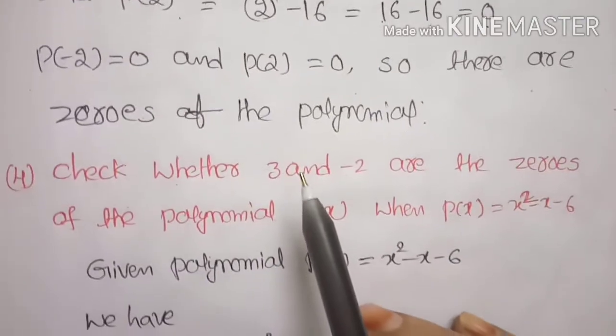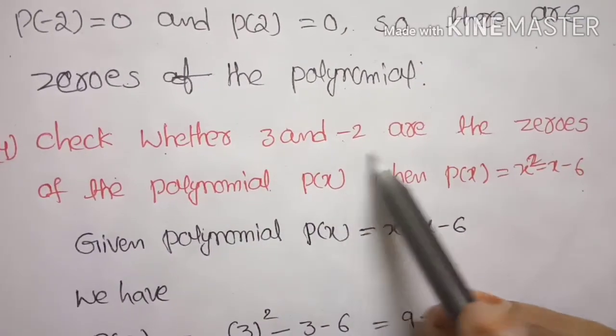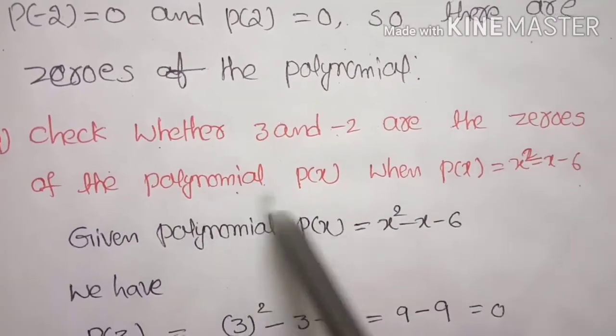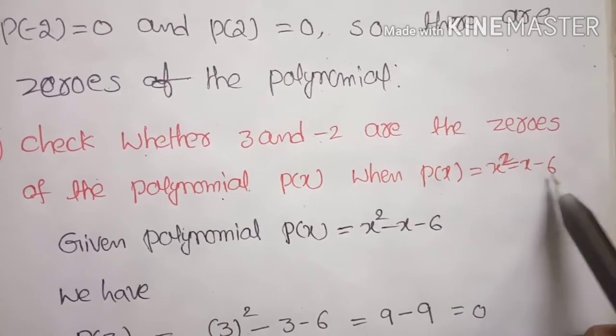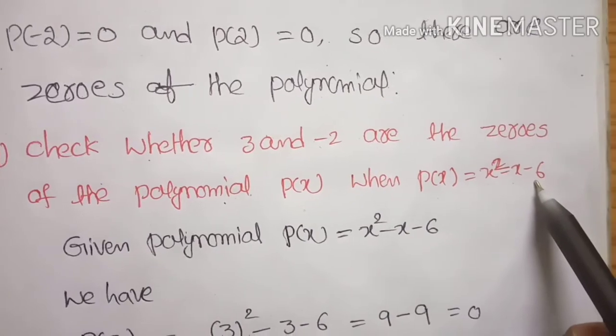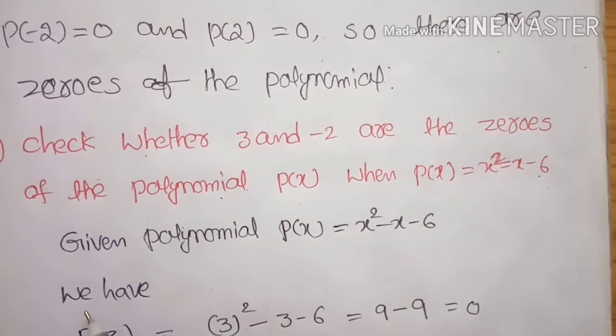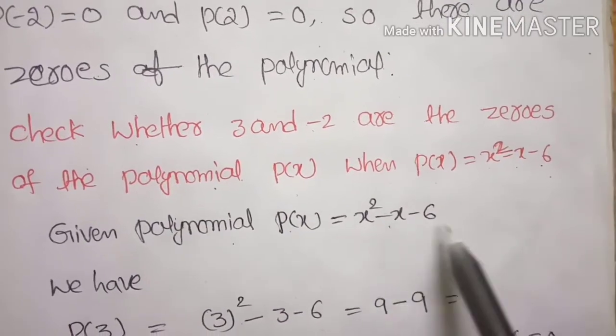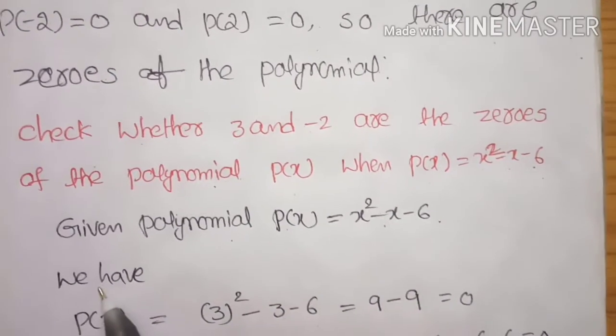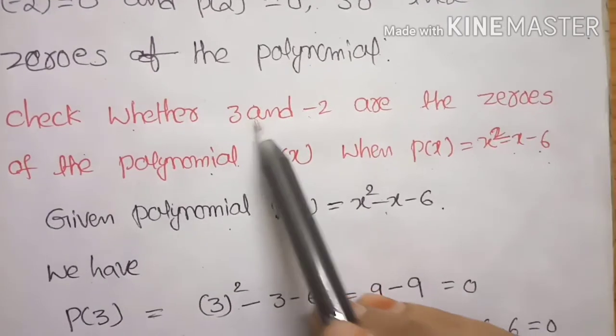Next one, check whether 3 and minus 2 are the zeros of the polynomial p of x when p of x is equal to x square minus x minus 6. Okay, next answer, given polynomial p of x is equal to x square minus x minus 6. Okay, we have the values 3 and minus 2.